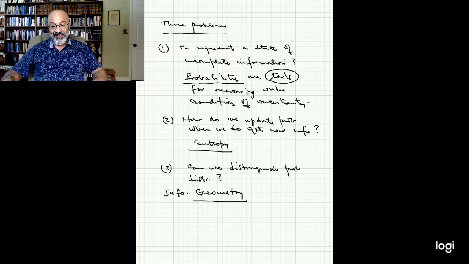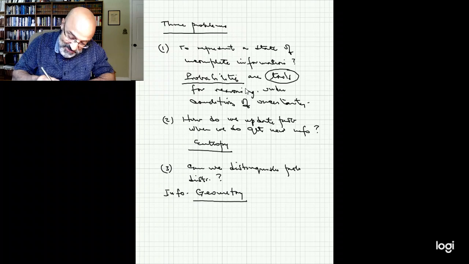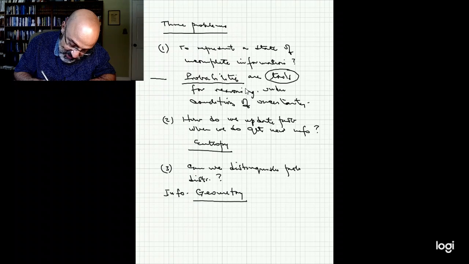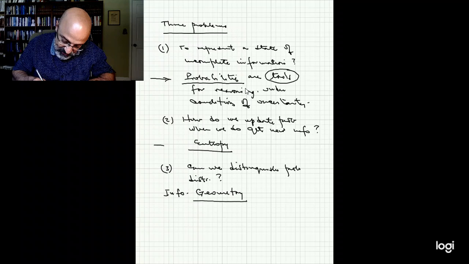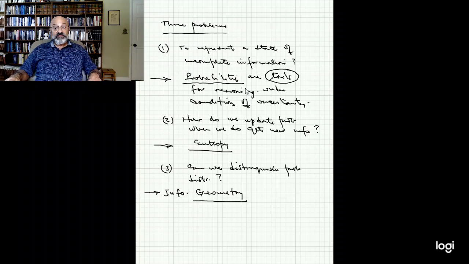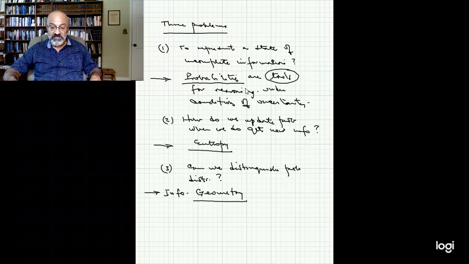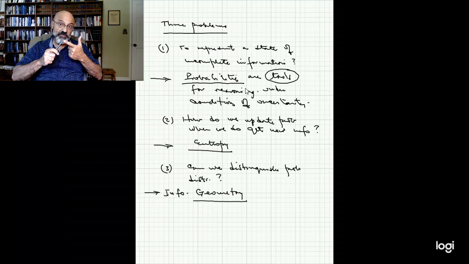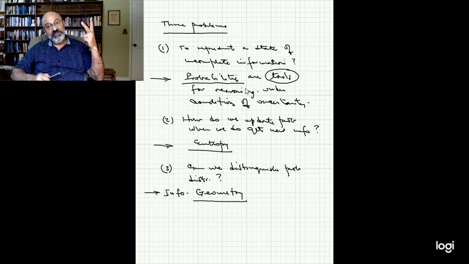So once you look at these three concepts that we see appear in the context of reasoning with incomplete information, the question that immediately ought to arise in our minds is, reasoning with incomplete information involves probabilities, involves entropy, involves geometry. Those concepts appear in physics everywhere.